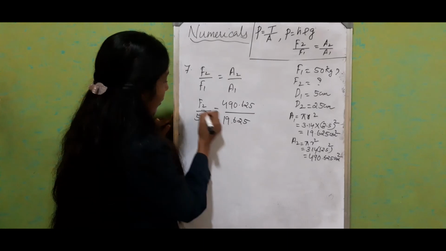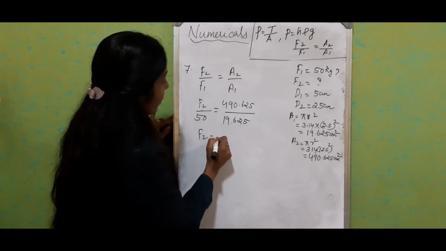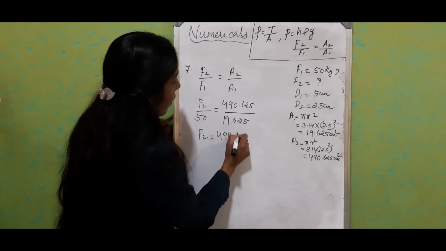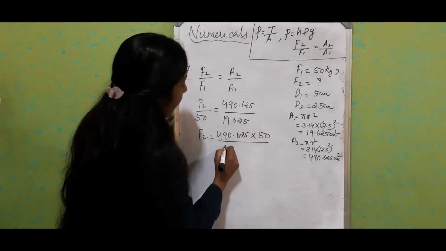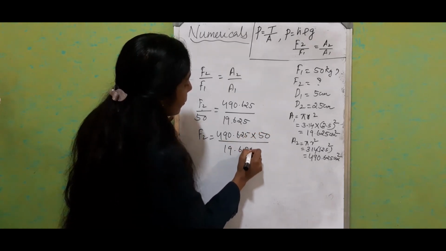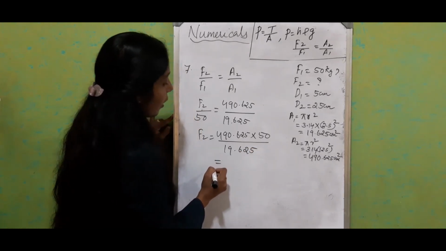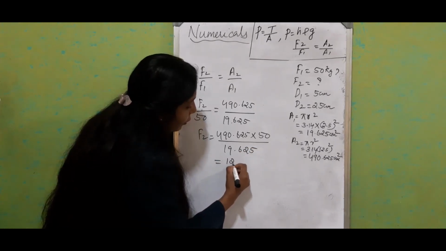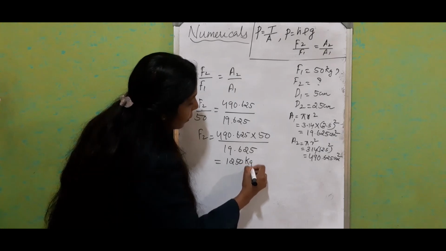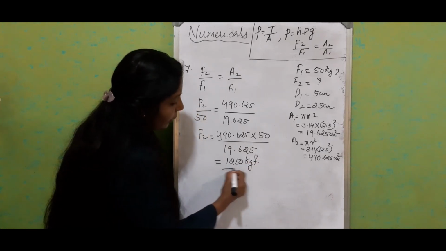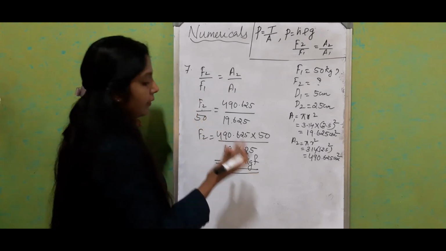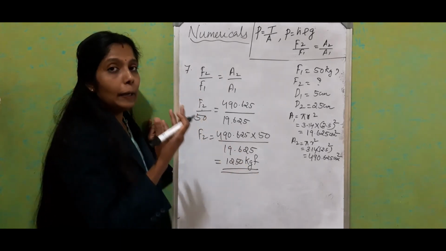Or F2 is equal to 490.625 into 50 divided by 19.625. When we solve, we will get 1250 kilogram force. So this is the force experienced on the bigger side.